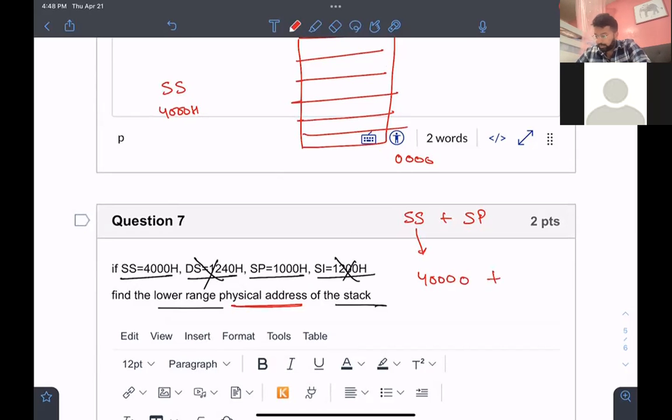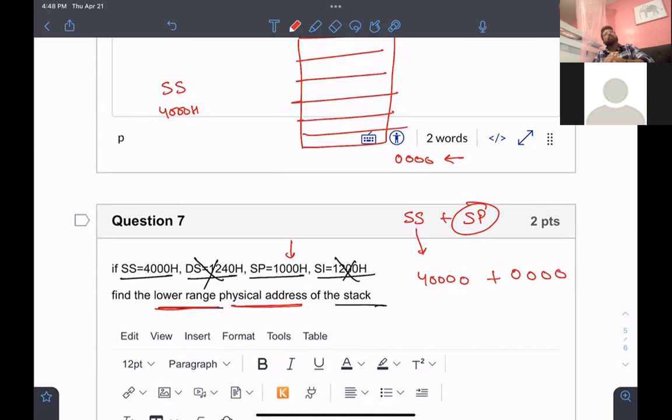Now, is what we add going to be the given stack pointer? No, because it's asking for the lower range. What's the last thing at the bottom of this stack? It's 0000. So we add 0000, because that's the lowest a stack pointer can go in this stack.